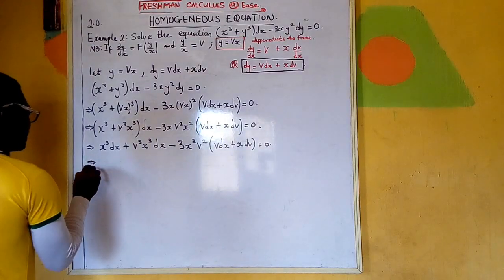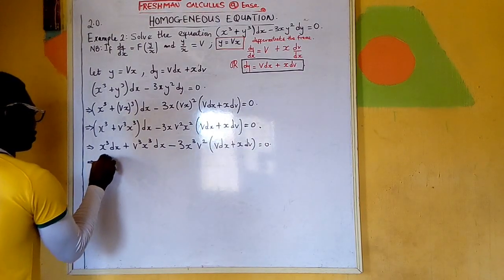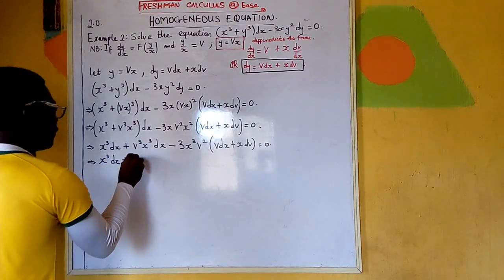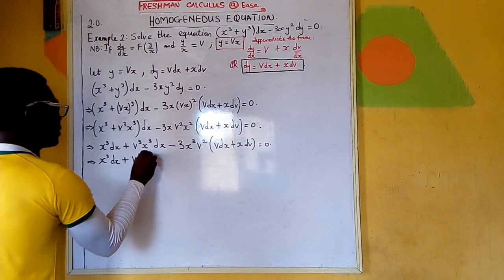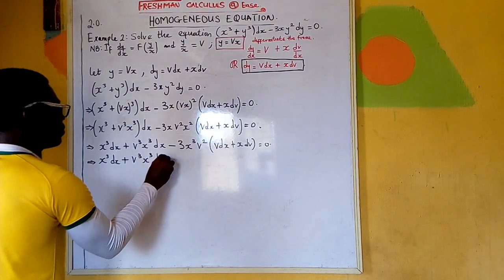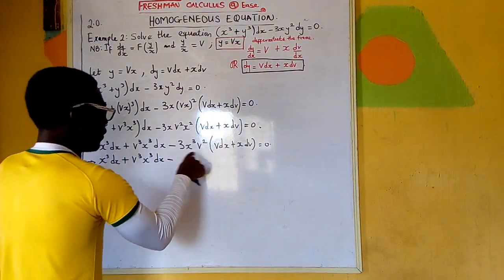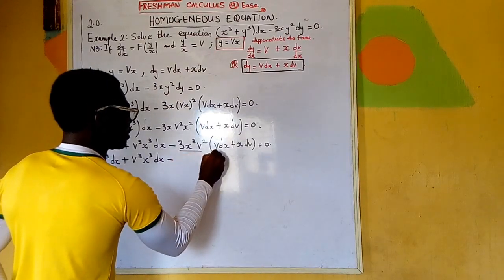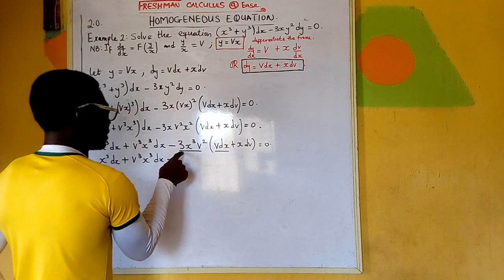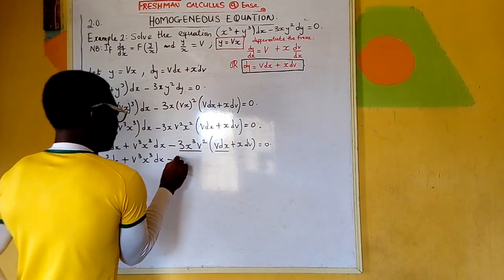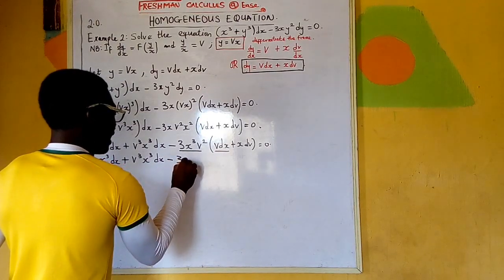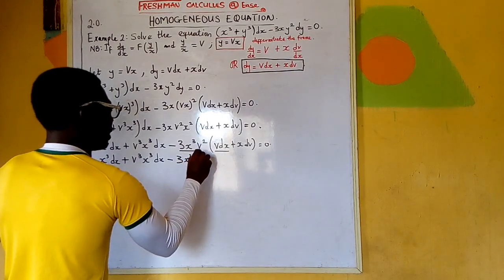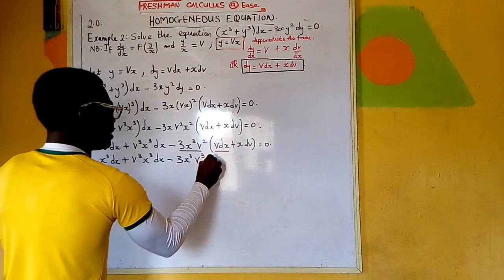This implies that I have x cubed dx plus v cubed x cubed dx minus, now this will multiply this here, and this gives me what? This times this, I have 3x cubed and this v cubed dx.